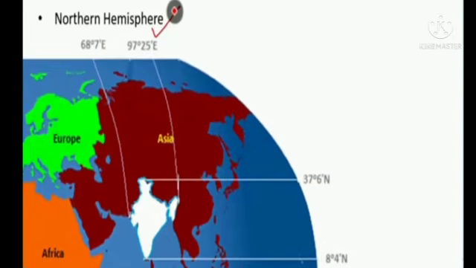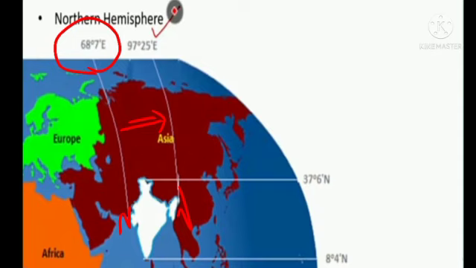In the same way, the longitude of 68 degree 7 minute east touches the westernmost part of India here, and the longitude of 97 degree 25 minute east touches the easternmost part of India here. So India extends between the longitude 68 degree 7 minute east and 97 degree 25 minute east.